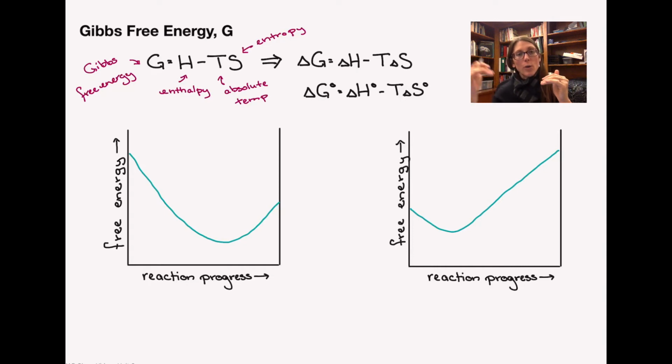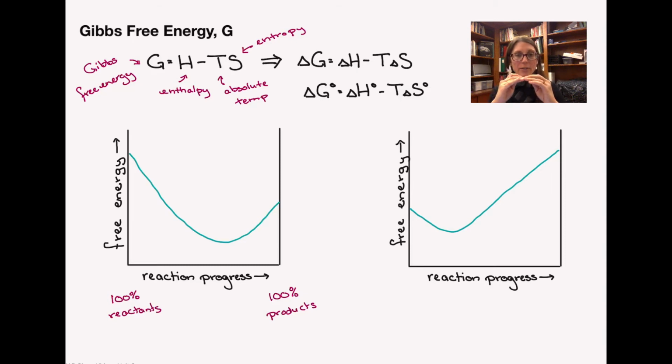The lower your Gibbs energy is, the more stable the system. So the system will naturally go to find the lowest possible energy. If we look at a reaction coordinate diagram, I've got two drawn below, where on the x-axis is the reaction progress, so reactants will be on your left and products will be on your right.